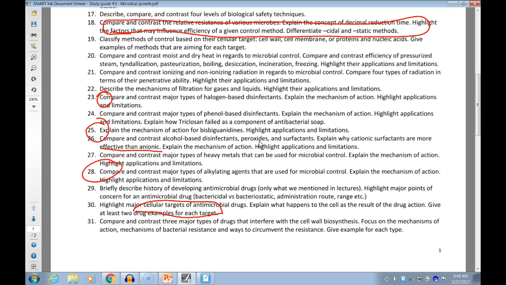Cell wall biosynthesis, we have three classes. It's the penicillins, inhibitors of transpeptidase. We have vancomycin, which inhibits transglycosylase, and we have bacitracin, which inhibits the transport of the components. Okay, so these three classes. I wouldn't focus that much on broad range versus narrow range.